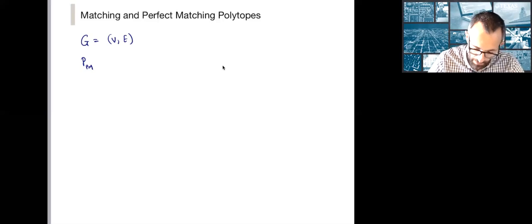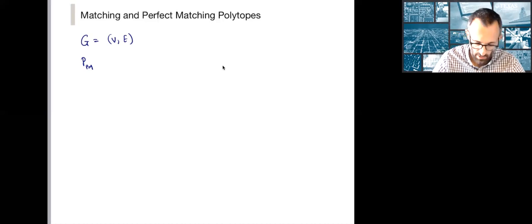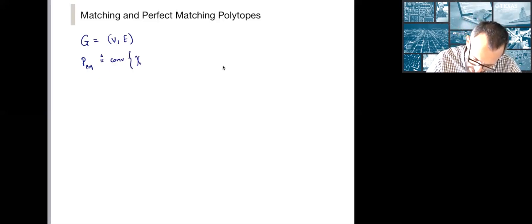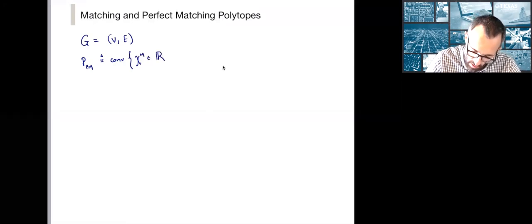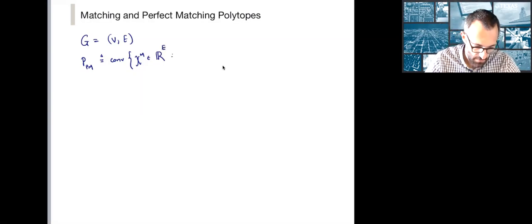So in other words, the PPM, which stands for the perfect matching polytope, is by definition the convex hull of the indicator vectors chi^M, an element of R^E, where M is a perfect matching.